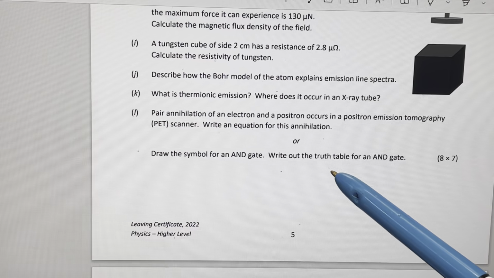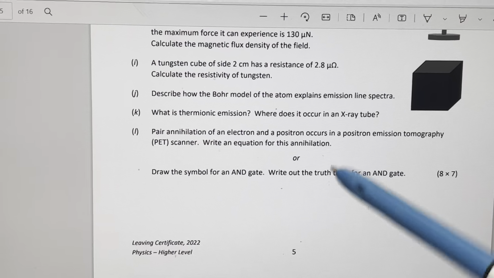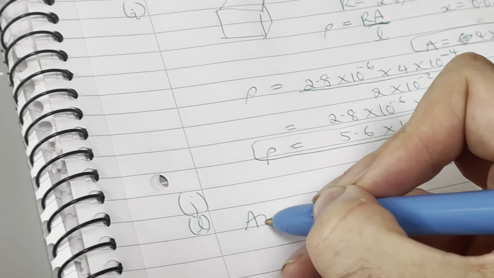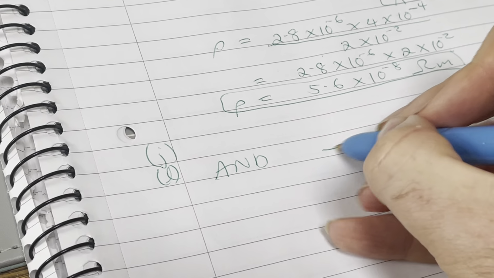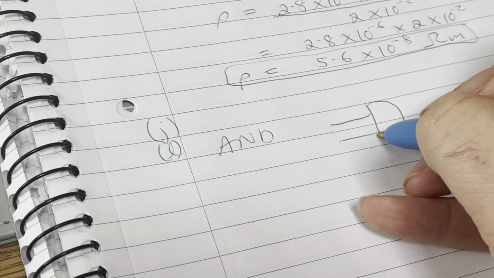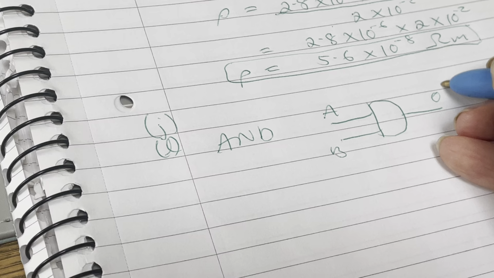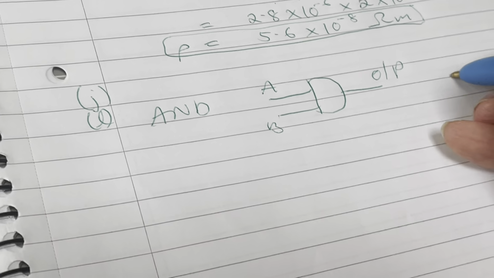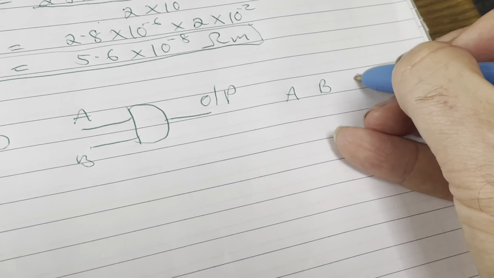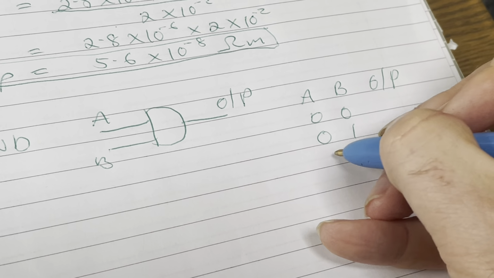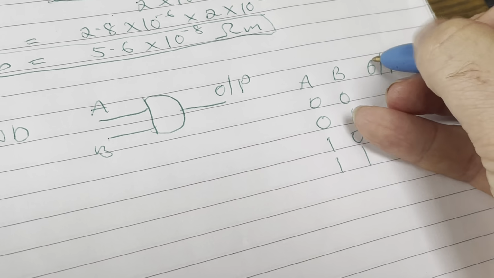So that would be L, draw the symbol for the AND gate. So the AND gate has a symbol like that, with inputs A and B and the output. Write out the truth table. So the truth table for AND looks like this. You put all your possible combinations of A and B, and then the output associated.